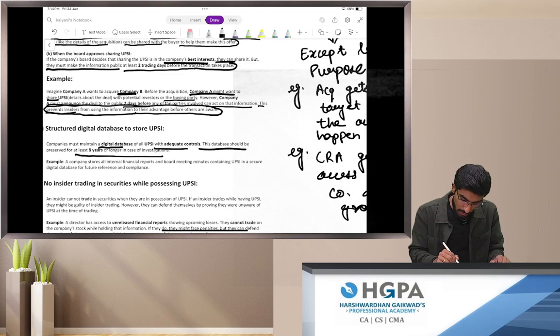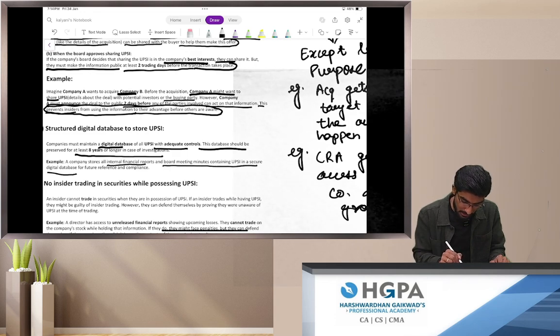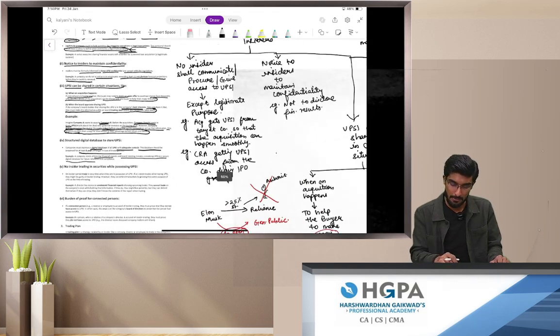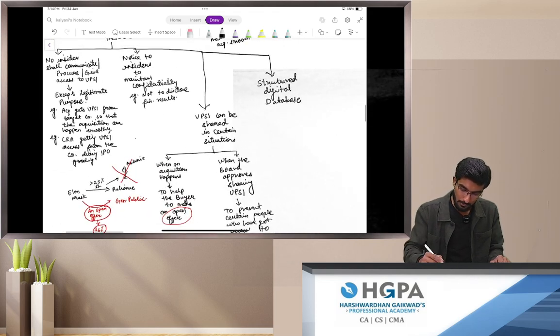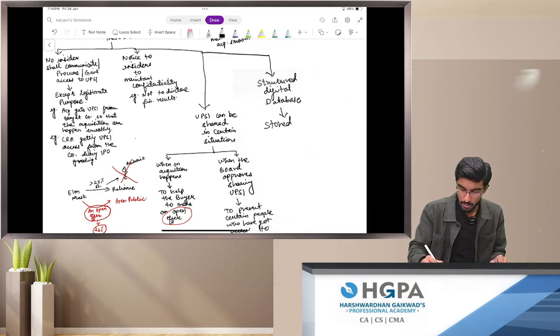A company stores all internal financial reports and board meeting minutes containing UPSI in a secure digital database for future reference and compliance. Stored for 8 years.